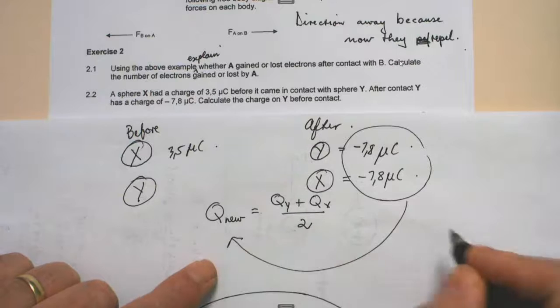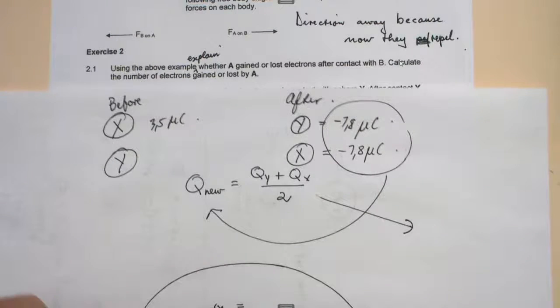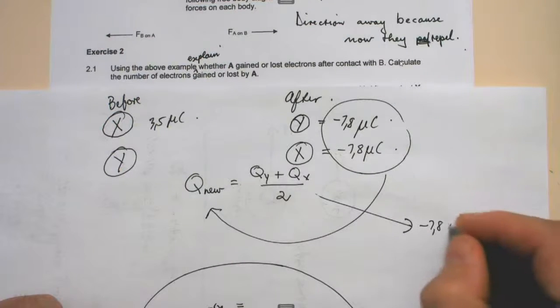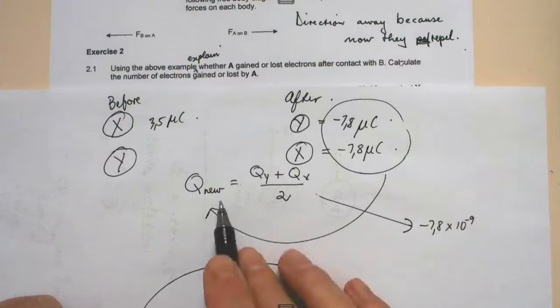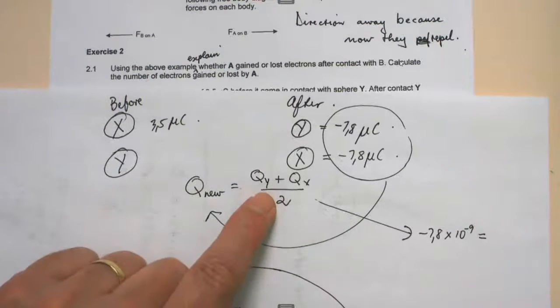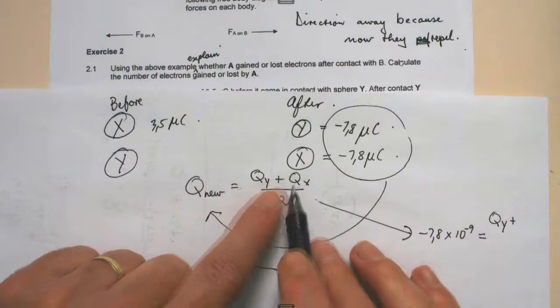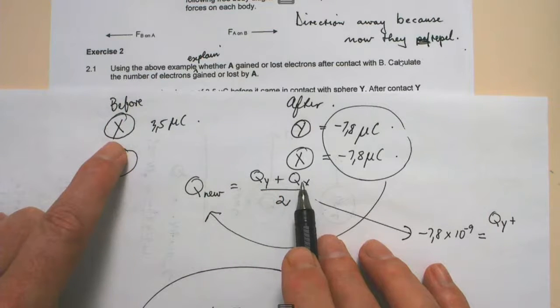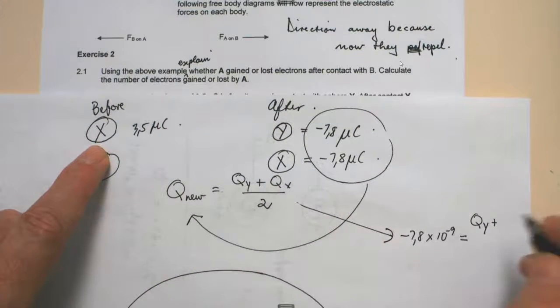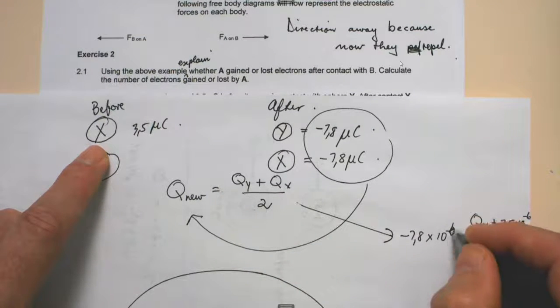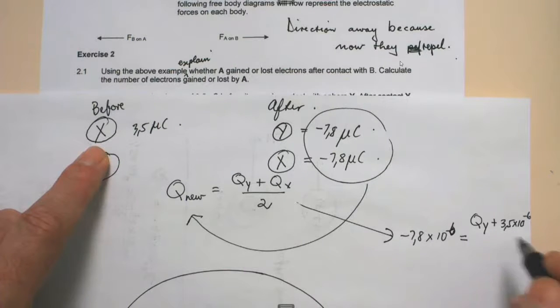So in the place here, I'm going to enter minus 7.8 times 10 to the power minus 9, which is that value there, equals, and that is my question, what was the charge on Y, plus they've given me the before charge on X. Okay, so that will be 3.5 times 10 to the power minus 6. Sorry, I said minus 9, it's micro, it's minus 6. Sorry for that. Minus 6 is micro, and that was divided by 2.